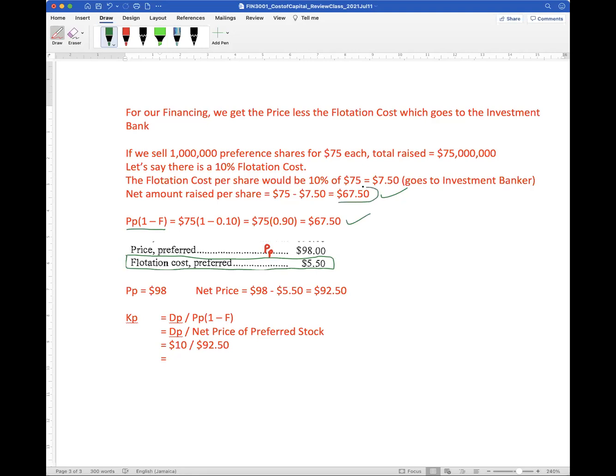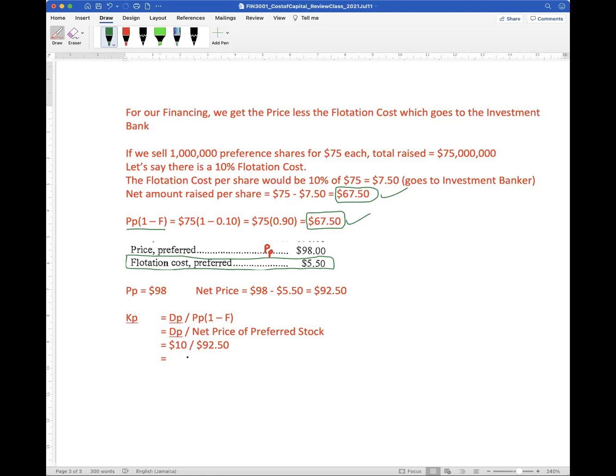In both cases, for my example, we got the same 67.50. So when we get a percentage, we can treat it either way. But if we get a dollar value, we just need to subtract that dollar value from the price.